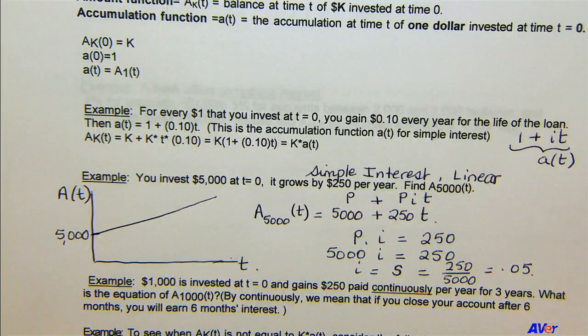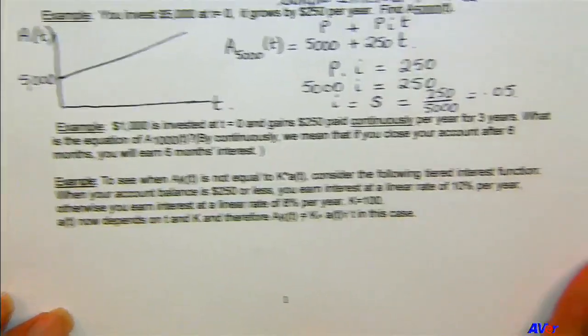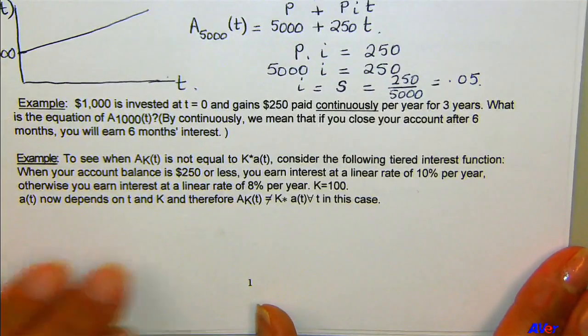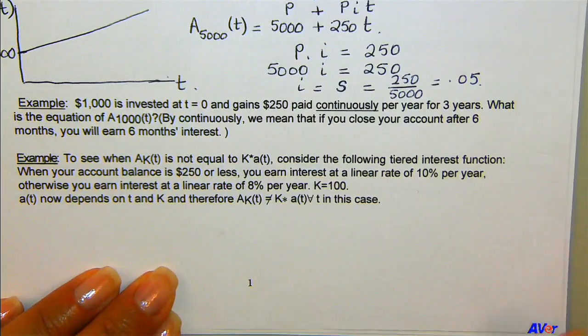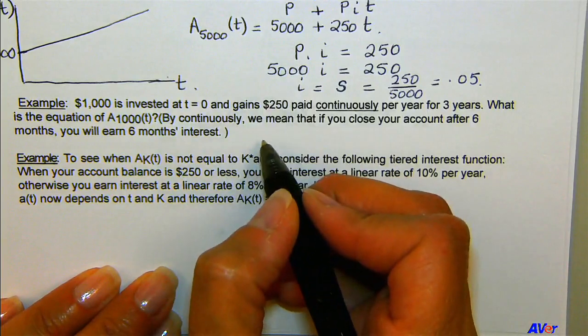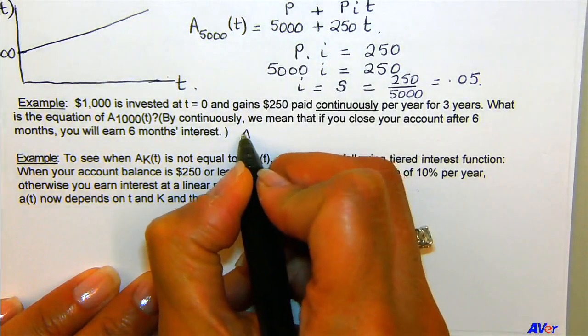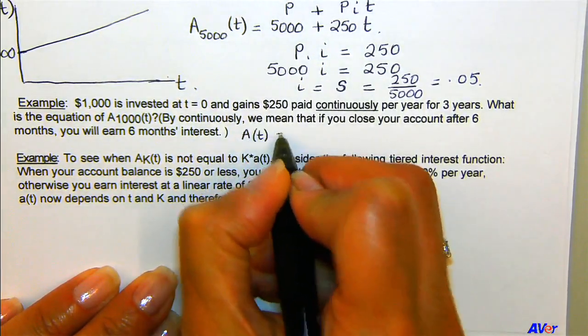By continuously, we mean that if you close your account after 6 months, you will earn 6 months interest. What might A of t be here? Can you tell me? A of t equals what?